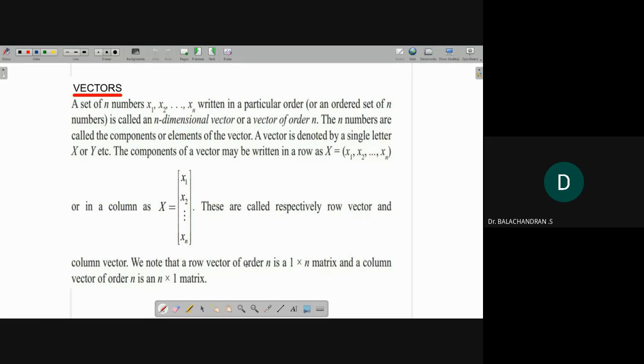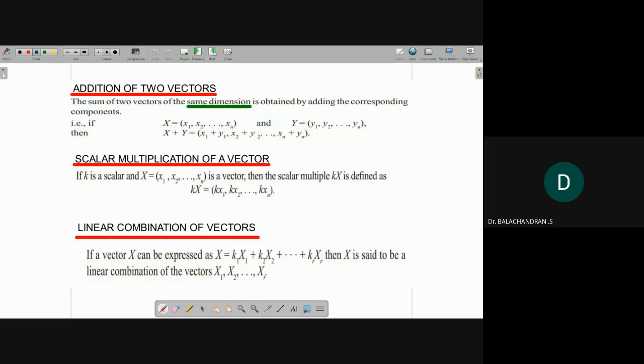We note that the row vector of order n is a 1 by n matrix, and the column vector of order n is an n by 1 matrix. This is addition of two vectors. The sum of two vectors of the same dimension, n, is obtained by adding the corresponding components.